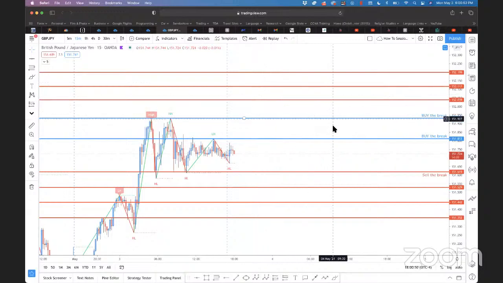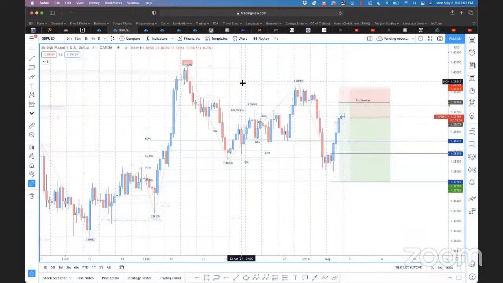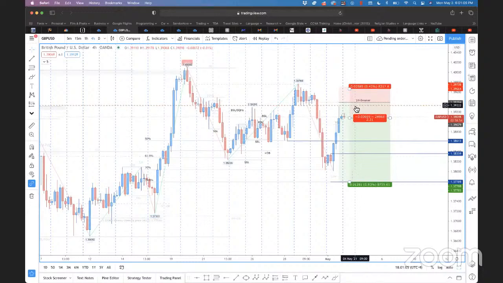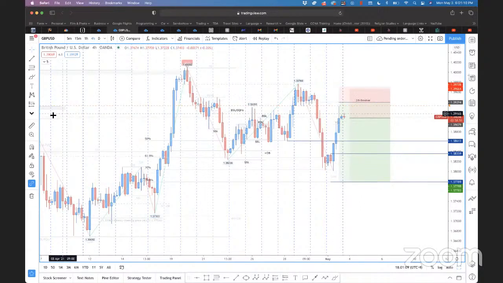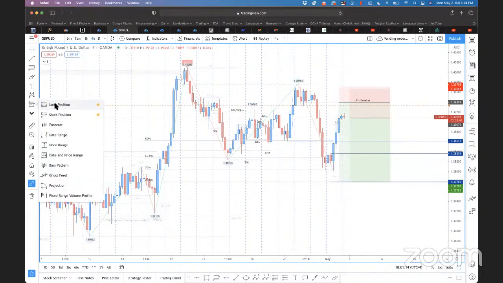Okay, I don't know, but basically, let me show you what you need to do. Every time I take a trade, this is what I do. So I'm looking for this sell, right? I go into this tool right here. If I'm looking for a sell, I'm going to use the short position.